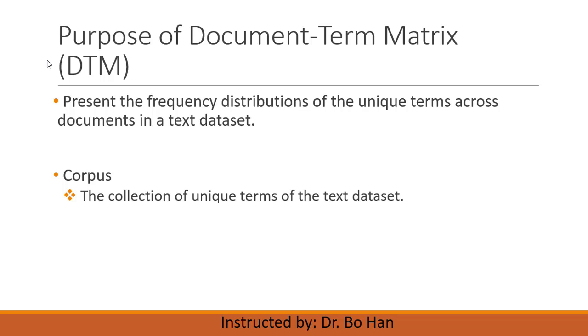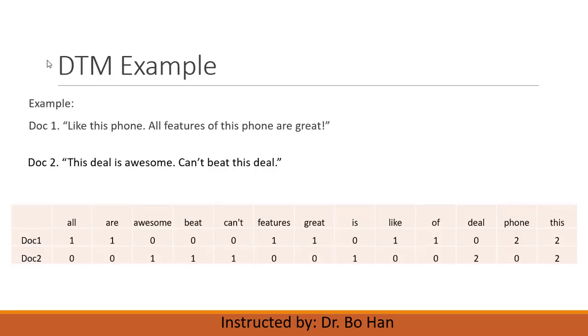Next, let's take a look at an example of DTM. Suppose we have two documents, two online reviews, and then I can create a DTM like the one you see on this slide. First, I need to summarize all the unique terms. In the first row, you can see there are no duplicate terms or words, just the unique terms.